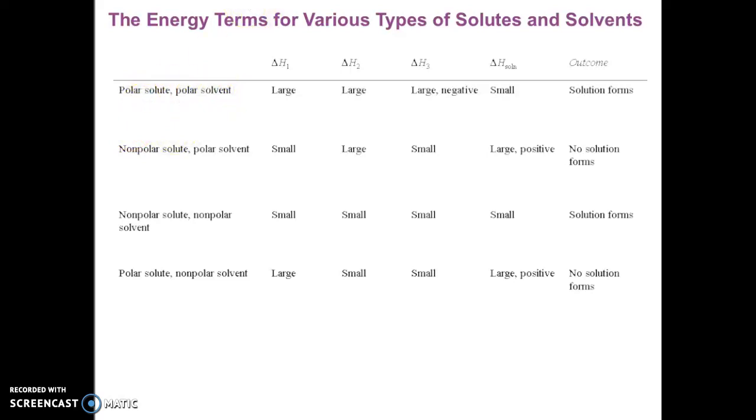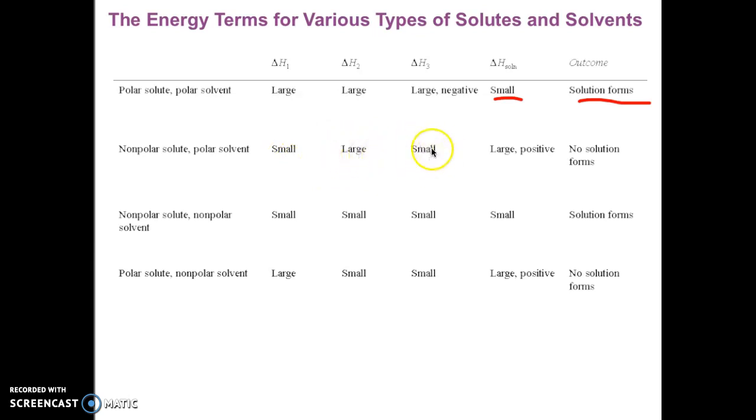When you have a polar solute with another polar solvent, the delta H's of 1 and 2 are going to be large. Like dissolves like, so that mixing is going to be large. And you're going to notice that delta H is small, so the solution forms. If it is a nonpolar solute in a polar solvent, you'll notice that the delta H is going to be small for the first stage. The second stage is going to be large because it's going to take a lot of energy to break that hydrogen bonding.